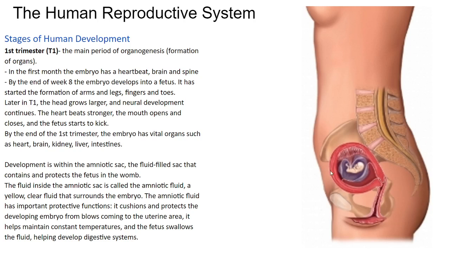Okay, this all happens, by the way, within the amniotic sac. That's the sac filled with fluid called the amniotic fluid, and it helps to protect and contain the fetus. It's its own little bubble that it lives in. The yellow fluid inside is called the amniotic fluid. It's clear. The amniotic fluid helps to protect it so that if you're walking and bouncing, this thing doesn't get beat around.